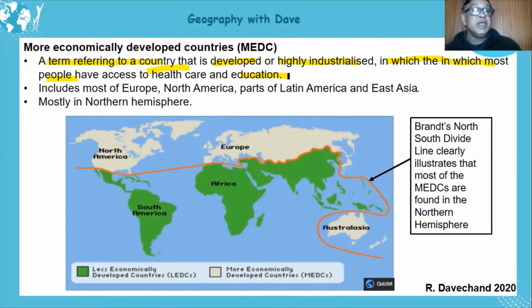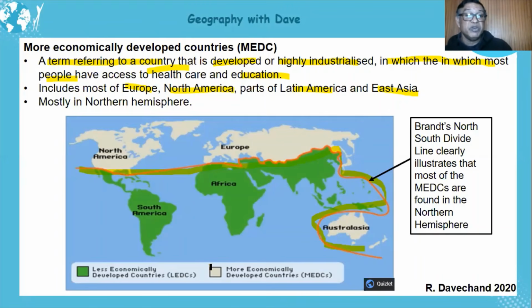Most people. Now, we look at it here, it includes most of Europe, North America, parts of Latin America, and East Asia. Now if you look at this, Mr. Brandt actually put a north-south divide line. If you look at it carefully, you'll notice this is where the MEDCs are found.